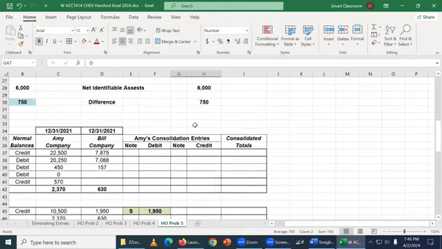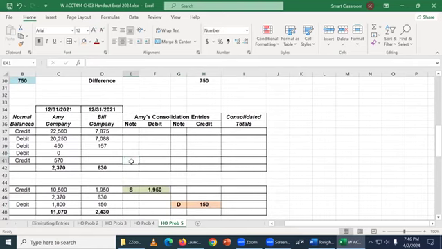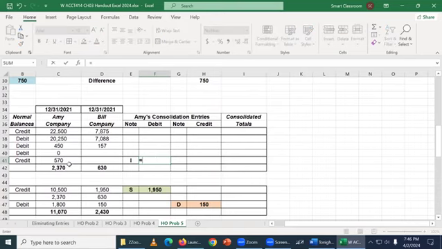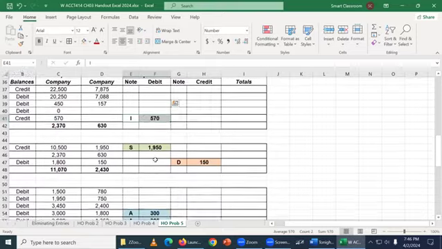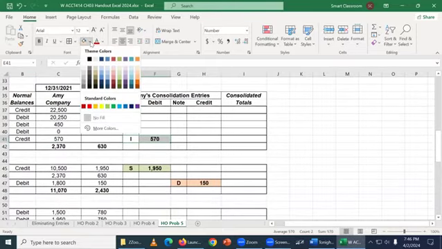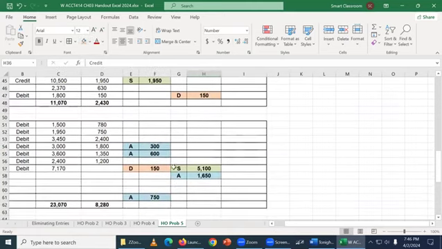Okay, income. Oh, let me use that one. Make income purple.